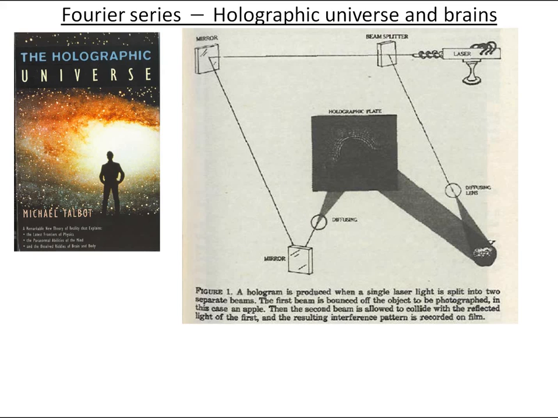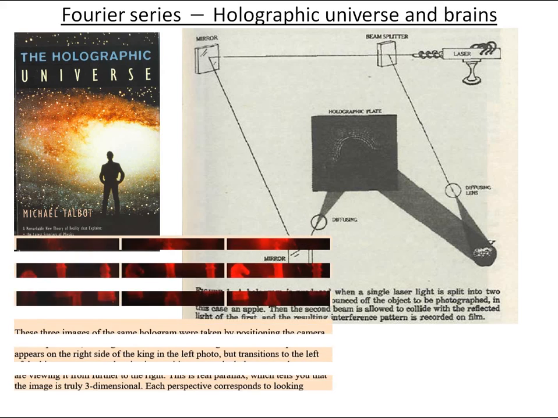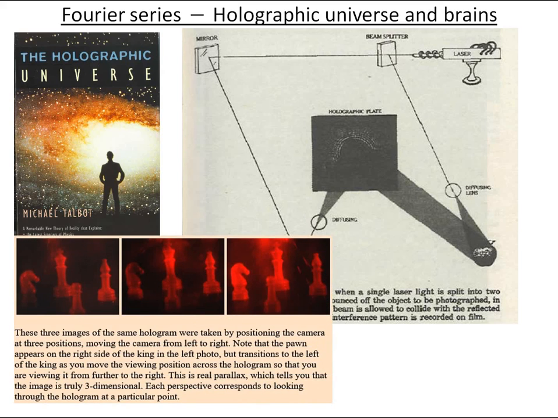Another example of a 3D photography image is these three images of the same hologram, taken by positioning the camera at three positions, moving the camera from left to right.